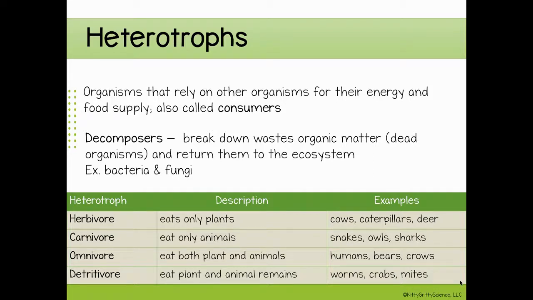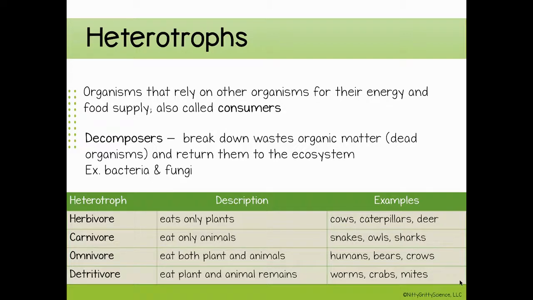So we know that if we look at that chart down below, we have some organisms or consumers that eat only plants, and we call these herbivores. This heterotroph is called an herbivore. These are deer and cows and horses and caterpillars, right?